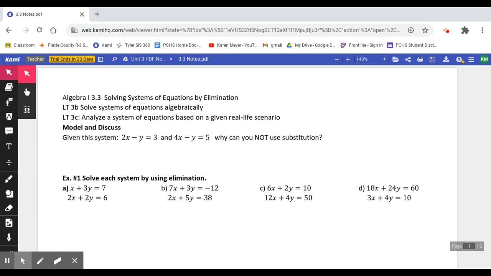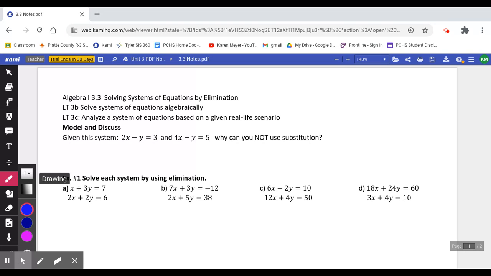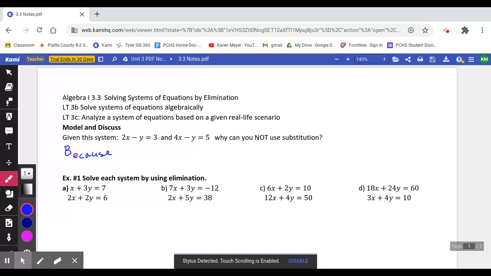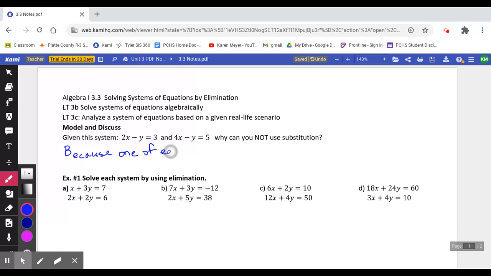Well, if you look at the two equations, you would say no to substitution because one of the equations does not say x equals or y equals. You're going to notice that these are both actually written in standard form because x and y are on the same side.